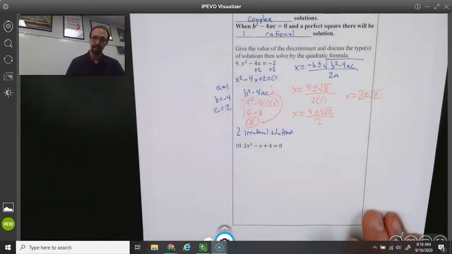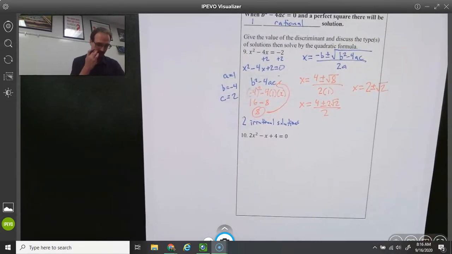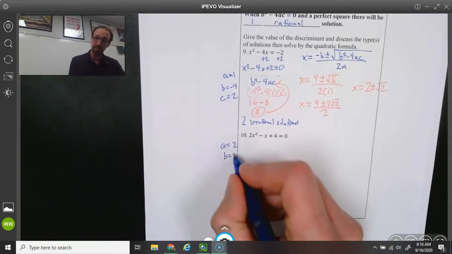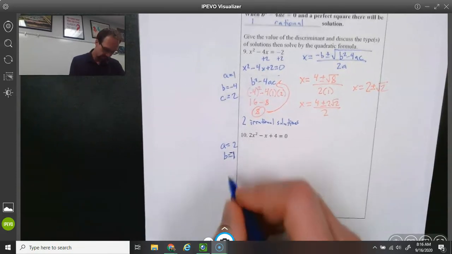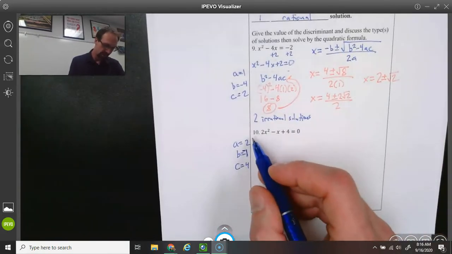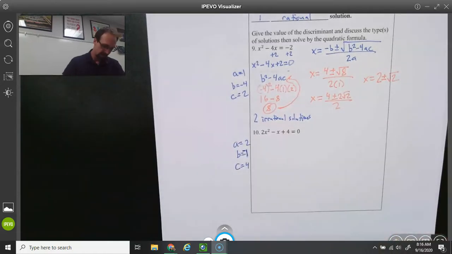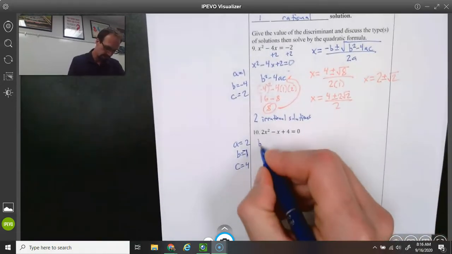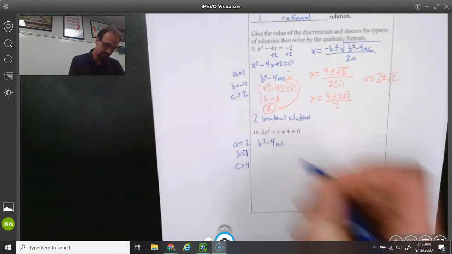For the next one, number 10, we have 2x squared minus x plus 4 equals 0. In this case, a equals 2, b equals negative 1, and c equals 4. So if I do my discriminant, I'm going to write out b squared minus 4ac.